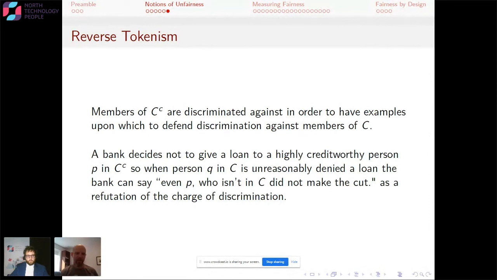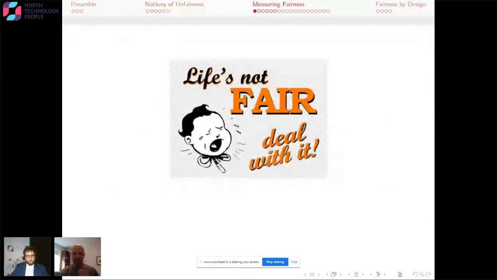So these are just some things to watch out for, and we'll see as we walk through how we measure fairness and how we address that through algorithms, that these can come up and creep into our assessment and our evaluation, and we have to watch out for those.